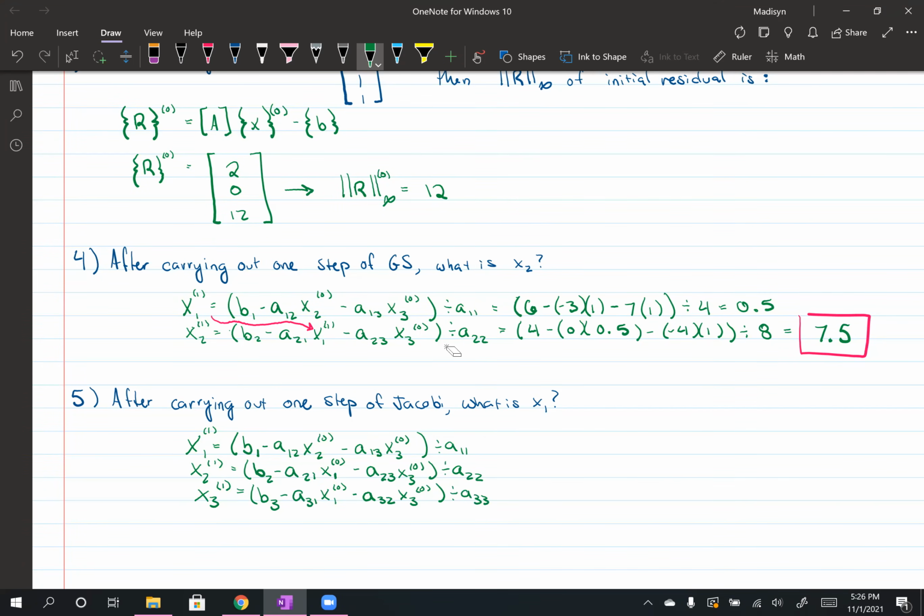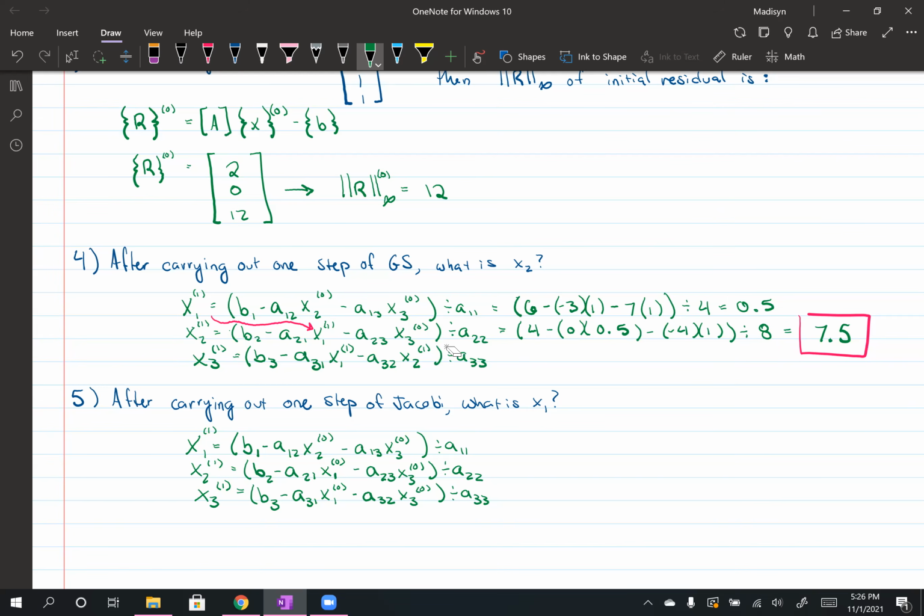Now up here, what the Gauss-Seidel x3 component would look like would be the third component of b, minus a31 times x1 of your first iteration, so the x1 that you've already found up here, minus a32 times x2 of your first iteration, divided by a33.